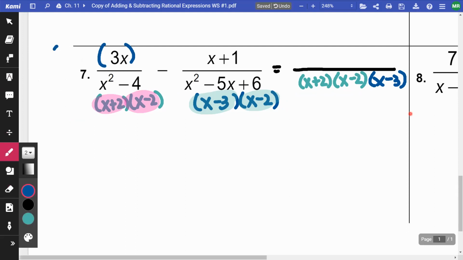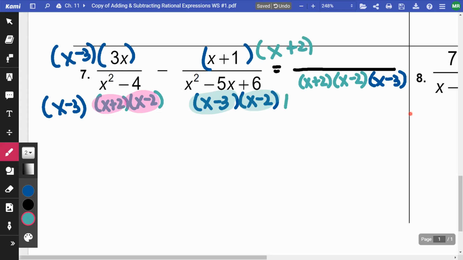Let me rewrite it. And the other fraction, I'm going to be multiplying by x plus 2. And so when I do that for my first fraction, I'm going to have in my numerator 3x squared minus 9x.